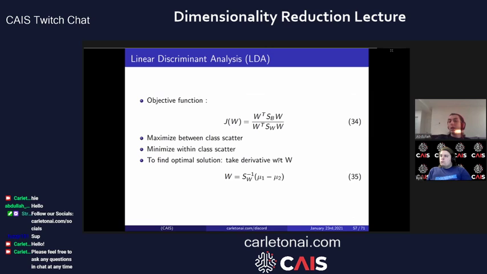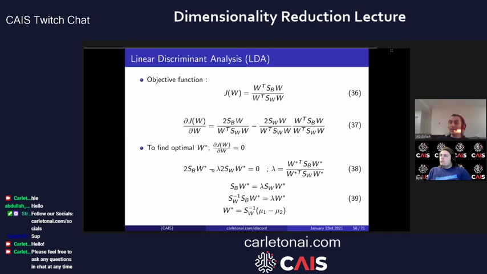So now you can clearly see how we rewrote our original objective function in terms of W, the between class scatter matrix and the within class scatter matrix, right? In order to find the optimal W that will maximize this function, simply take the derivative with respect to W, equate it to 0, and then isolate W on one side. And this is going to be the answer.